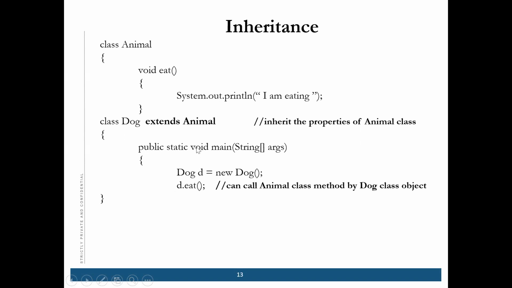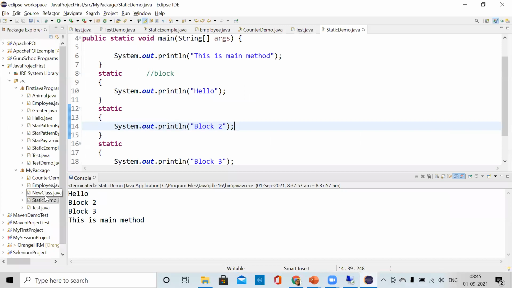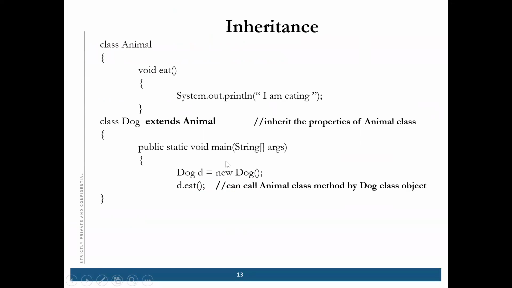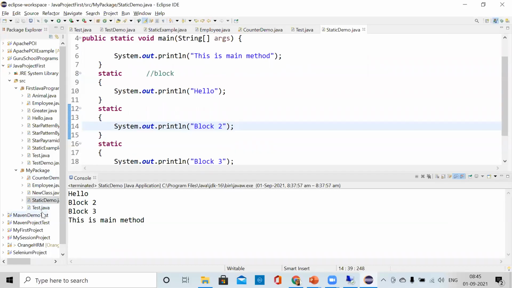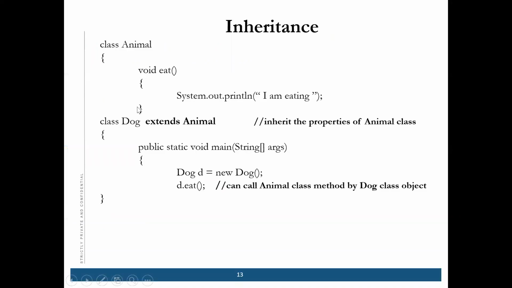That doesn't matter, but the name of the class should be the same name. I mean, where you are writing your main method. If it is under Dog, that means your class name should be Dog. When you are creating a class, it should have the same name as the class where you have the main method.